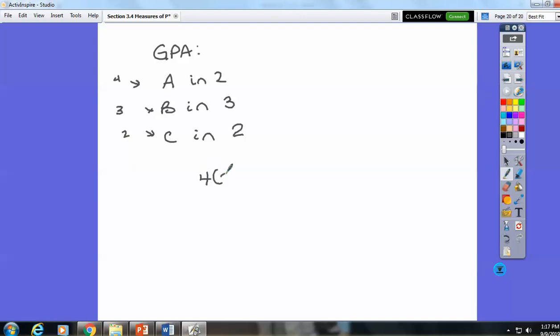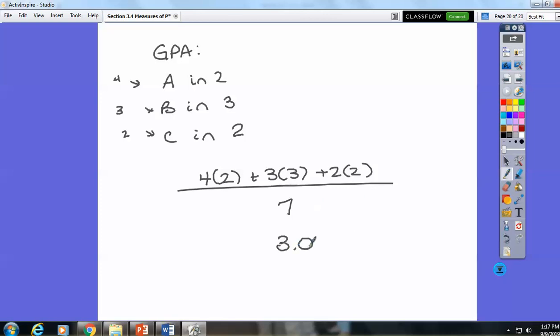So you would take your 4 times 2 plus your 3 times 3 plus your 2 times 2 and divide by how many classes were we taking? 7. So you get a GPA of 3.0.